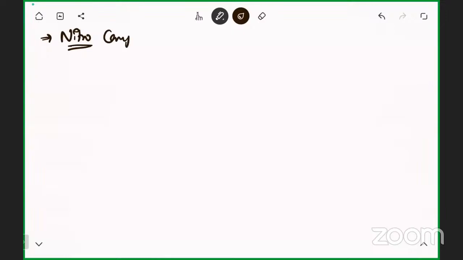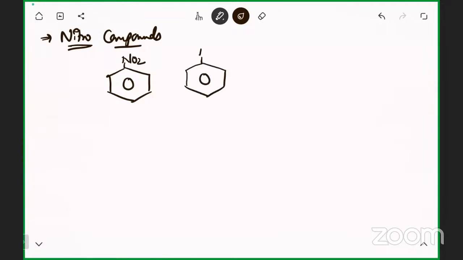Then next and the last one is nitro derivative. Nitro compound or nitro derivative you can use. Benzene with NO2, and benzene with one NO2 and another NO2. Okay, first one is known as nitrobenzene. Second one, tell me. It will be considered as nitro.